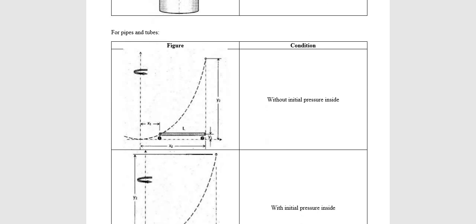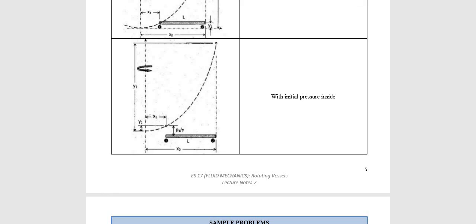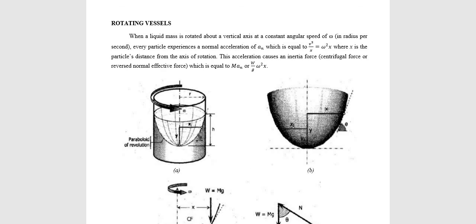For pipes and tubes, we have this without initial pressure inside, tapos may with initial pressure inside. Okay? So that is all for the concept behind rotating vessels, which involves the closed cylindrical vessels, tapos yung open, meron din tayong pipings. Next, in the next video, I will be providing you some examples which correspond to rotating vessels.